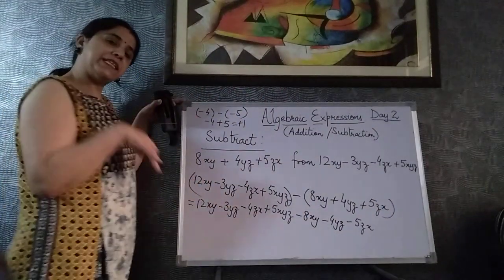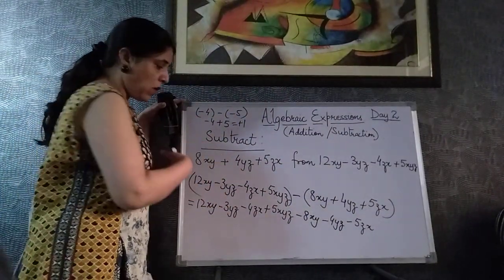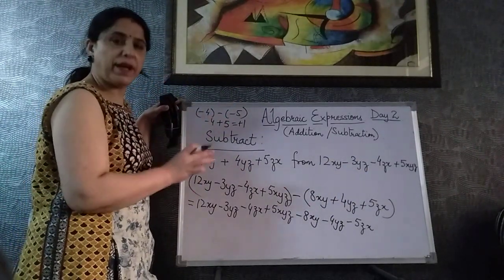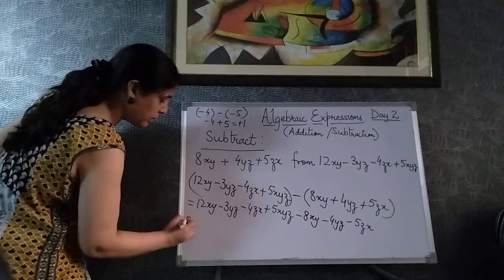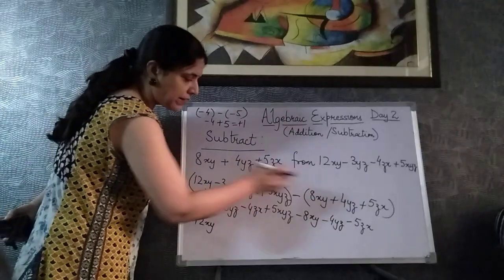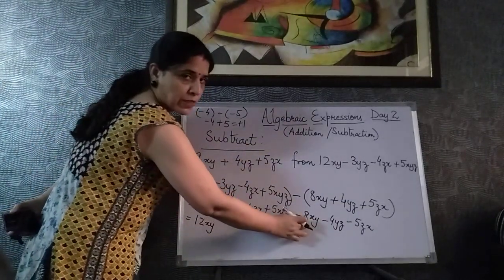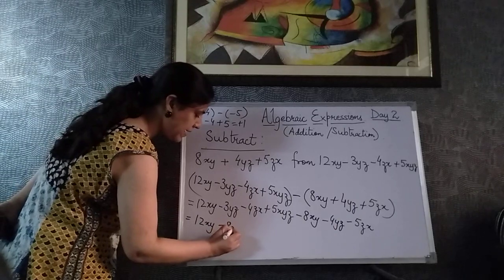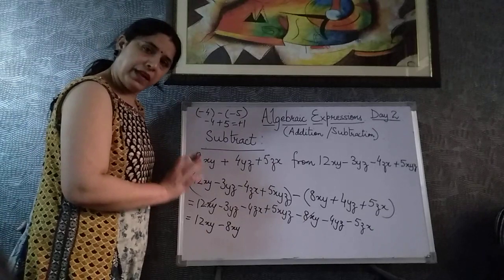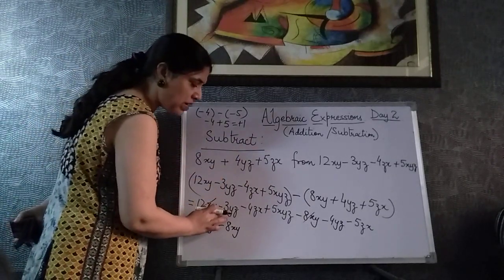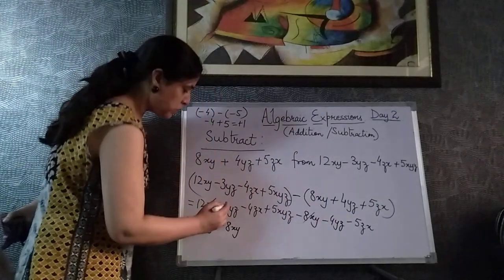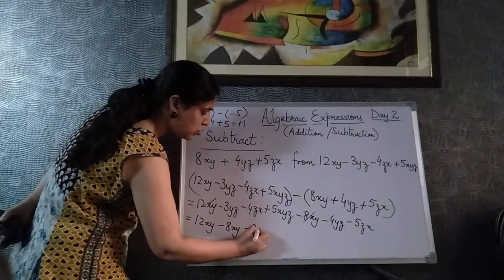Now next step. Now they are all mixed up, and all the like terms have to be seated together. First term is 12xy. What is another like term to this? Minus 8xy. When you are doing this, keep cancelling lightly to show these terms have been taken. Minus 3yz, any term which is yz. We are just making them sit together.